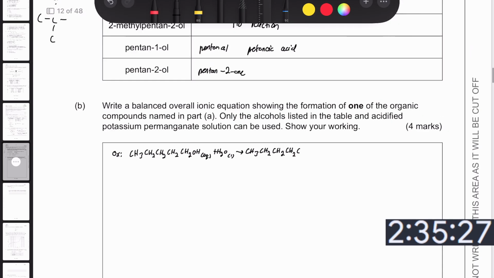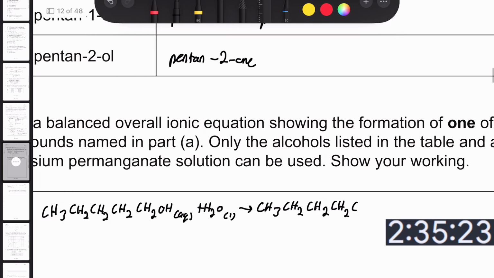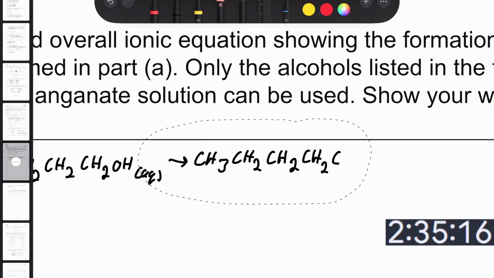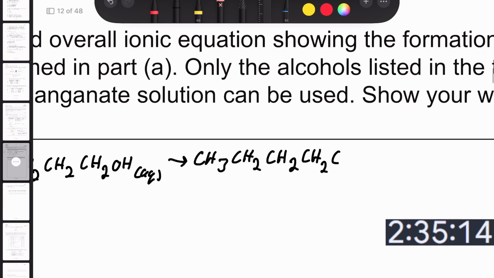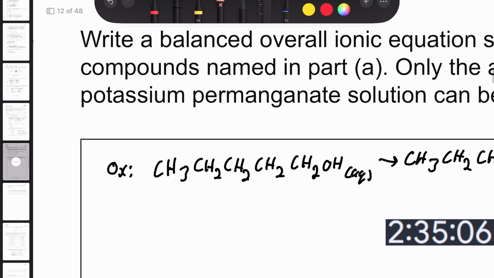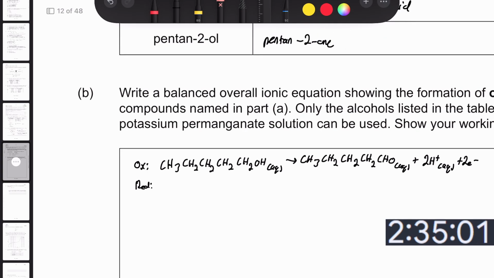Actually, let's do it forming pentanal, so it's easier. So we'll get rid of this water, because this is just going to make CHO aqueous, and then we're going to have 2 hydrogens left over, so we're going to need to balance that with 2 electrons.